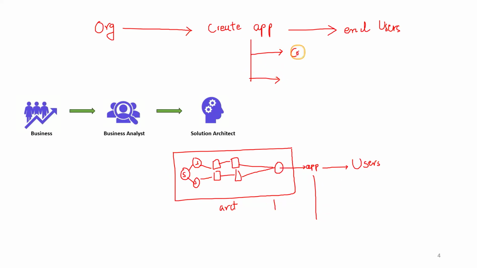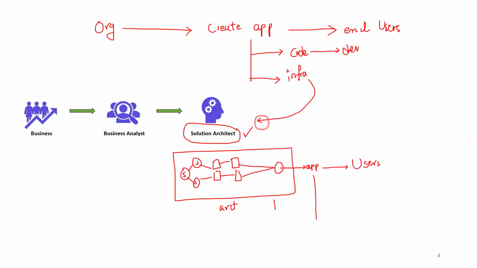One is code, one more is infrastructure. The entire infrastructure required is mentioned by the solution architect. The code has to be developed by the developers.